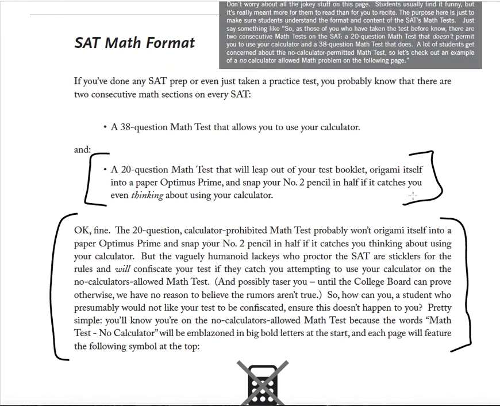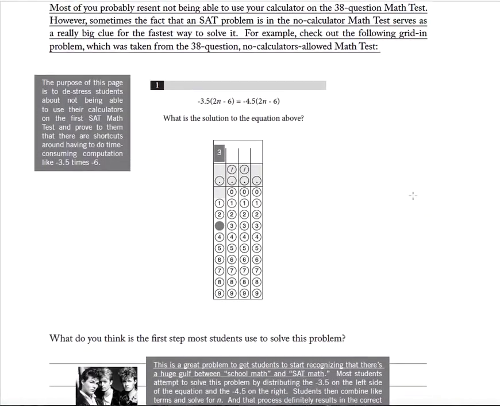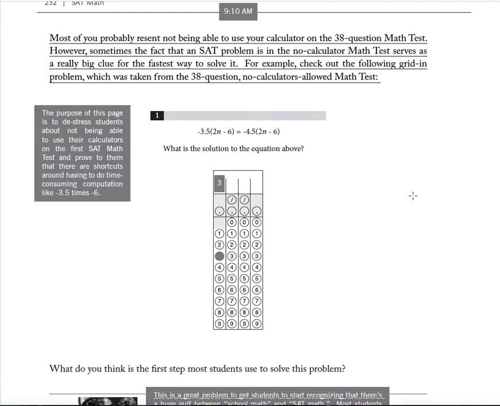The old SAT allowed students to use their calculators on the entire thing. And then on the new version of the SAT, which again debuted in March of last year, March of 2016, they decided that they were going to give students a shorter math test that did not permit their calculator.